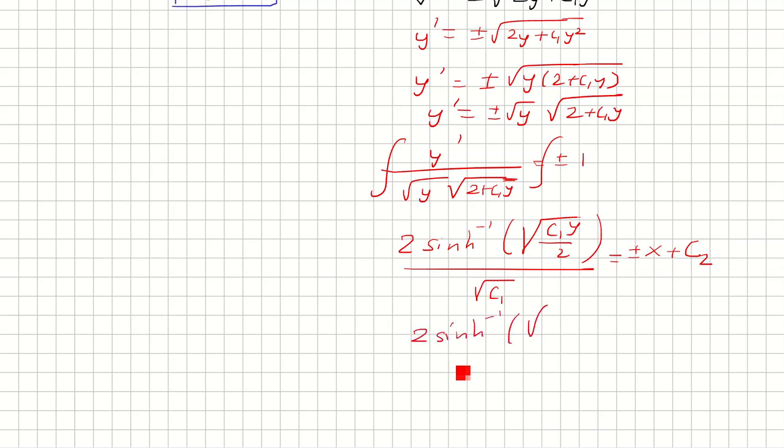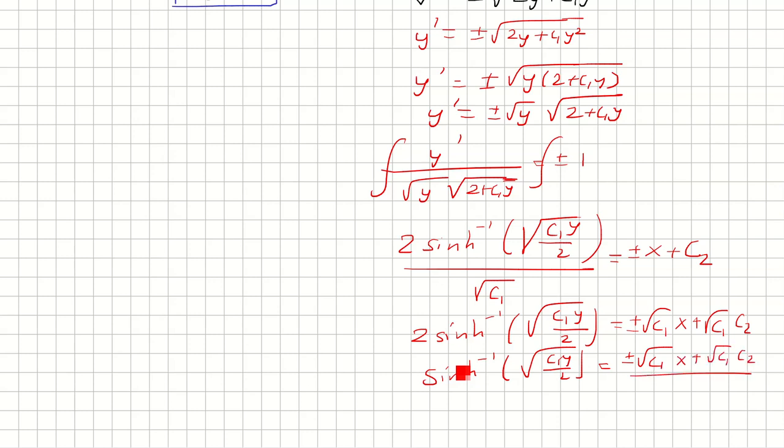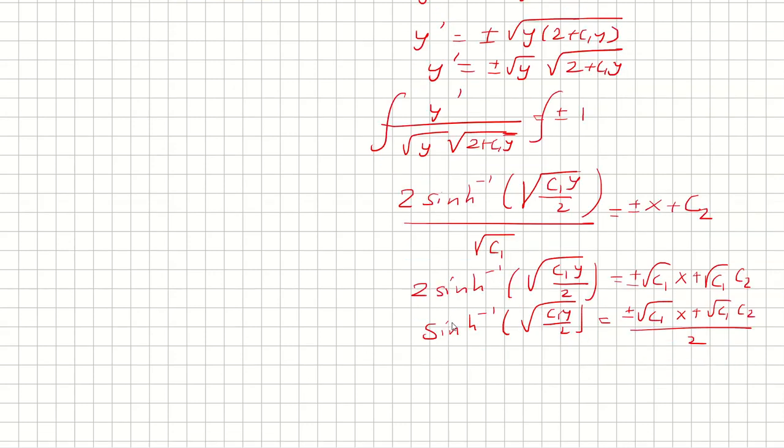Okay, so the first step will be to multiply by the square root of c1, and then divide by 2. Then we apply the sinh to both sides. So we have the square root of c1 y over 2.